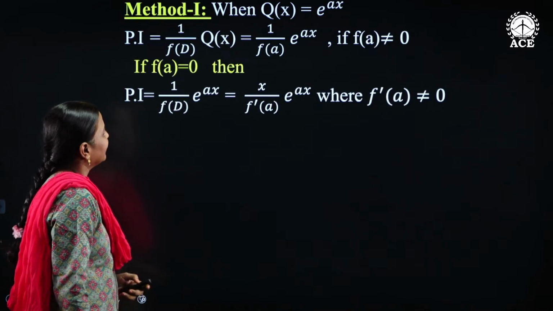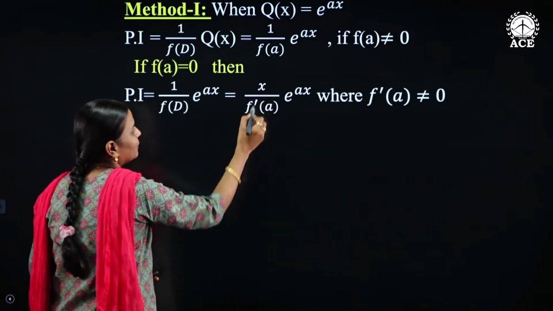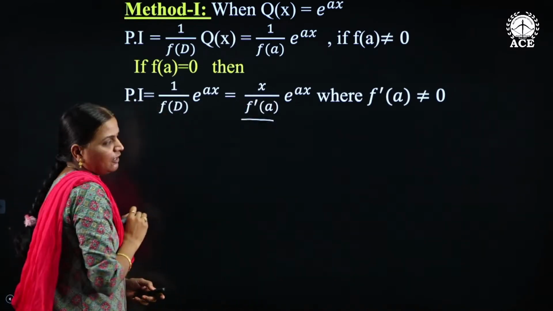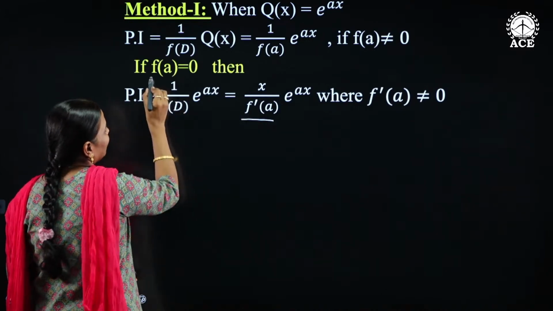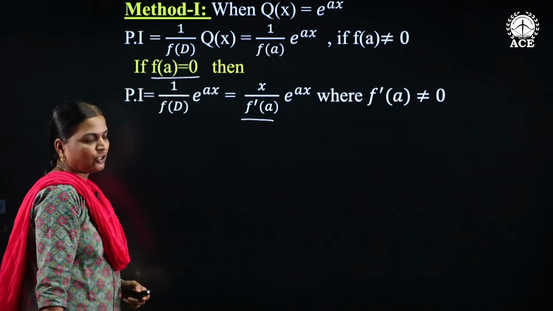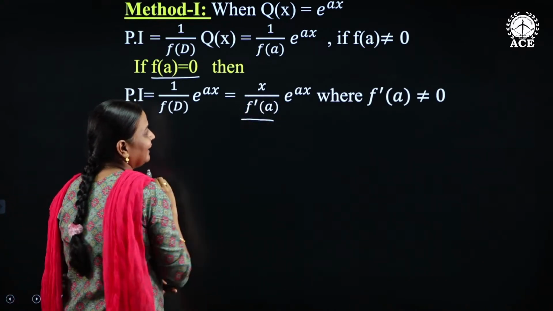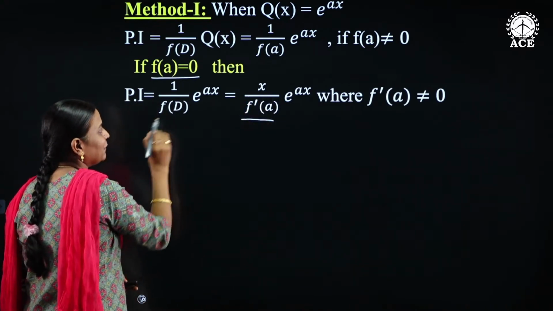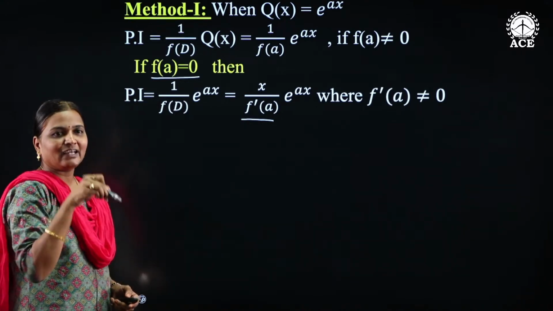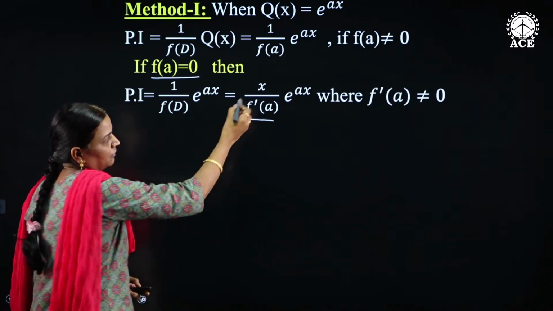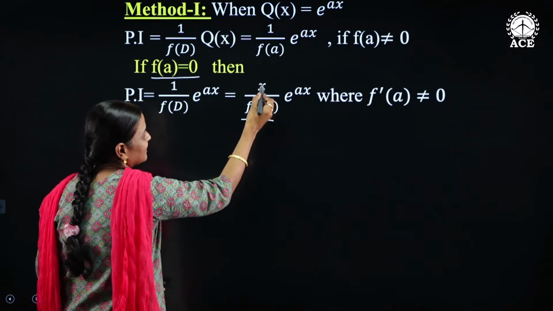So the particular integral can be written as x by f dash of a. If f of a is equal to 0, the particular integral is x by f dash of a. That means replace d by a in f dash of d, along with x. So what is the formula here?